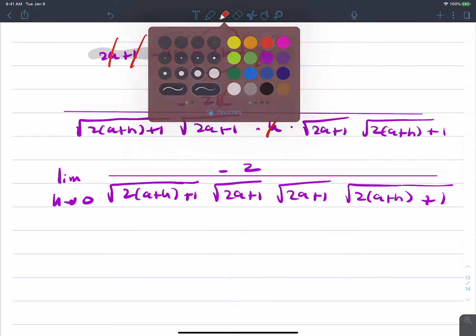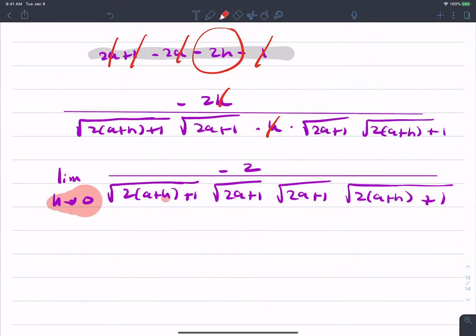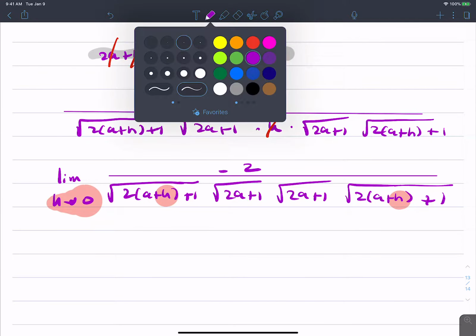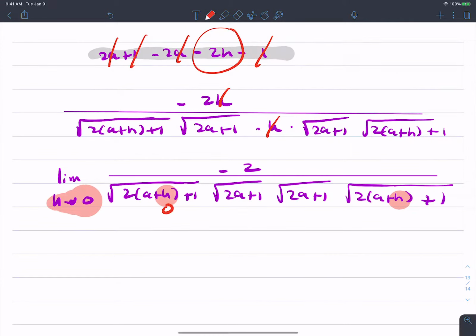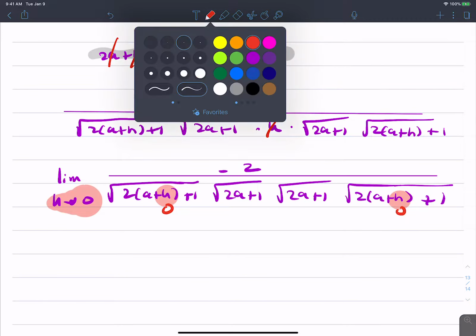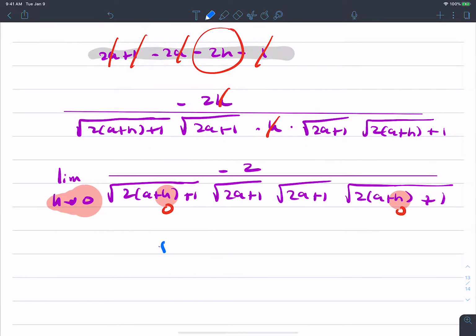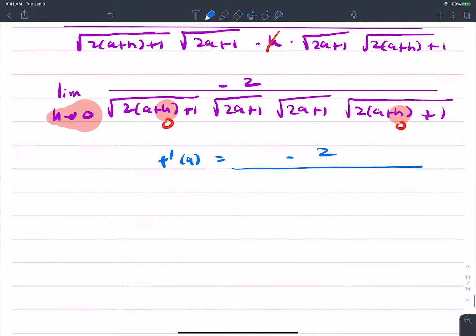At this point, wherever there's an h, put your 0. Direct substitution, or the fact that it's continuous. So f prime of a will be negative 2 over, this is going to be 2a plus 1, the first one.